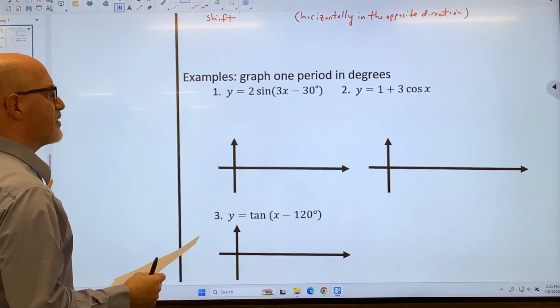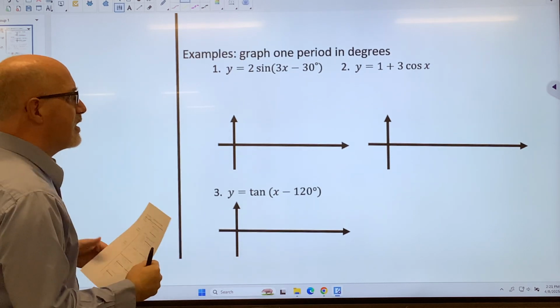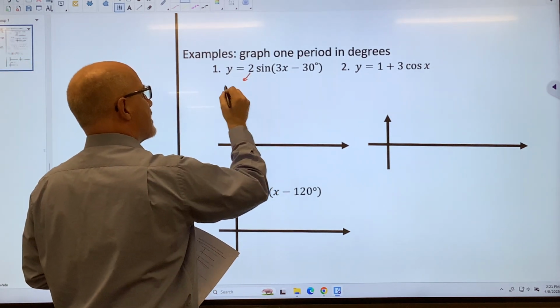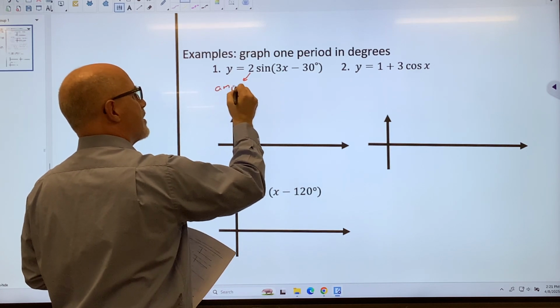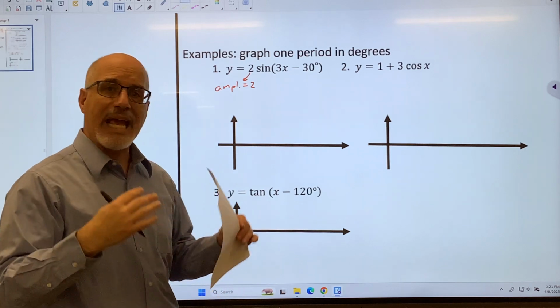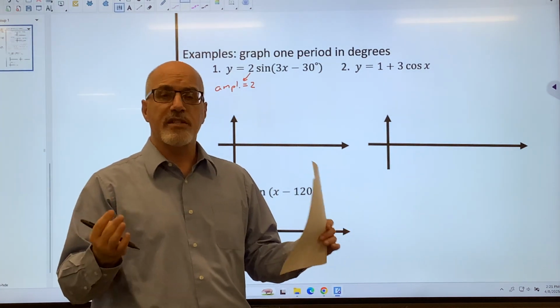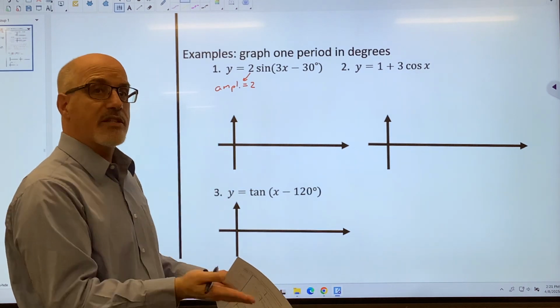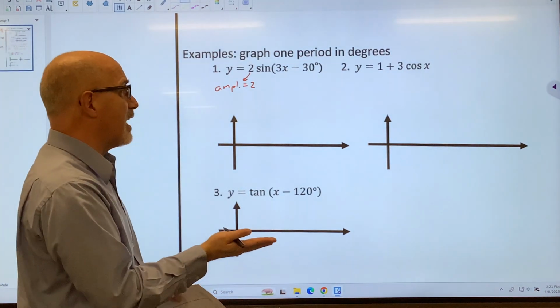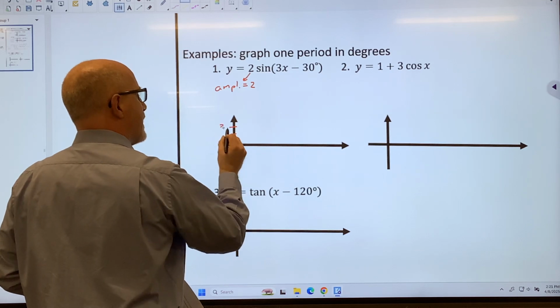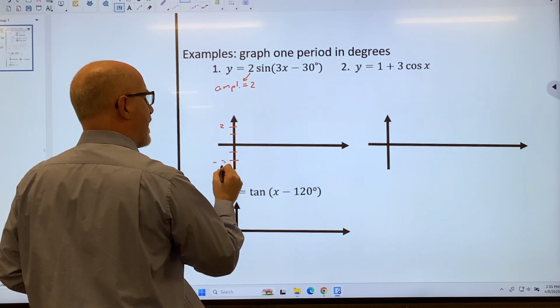All right, so let's do some examples down here. If you look at this first one, this number in front affects the amplitude. So this means I've got an amplitude equal to 2. I don't have a number being added or subtracted in front, so that means that there's no vertical translation. I'm not going to move the midline up or down. So I'm just going to go up to 2 and down to -2 on my graph.